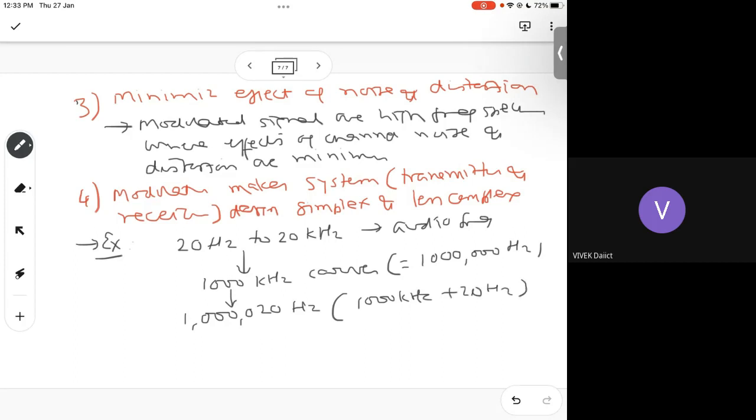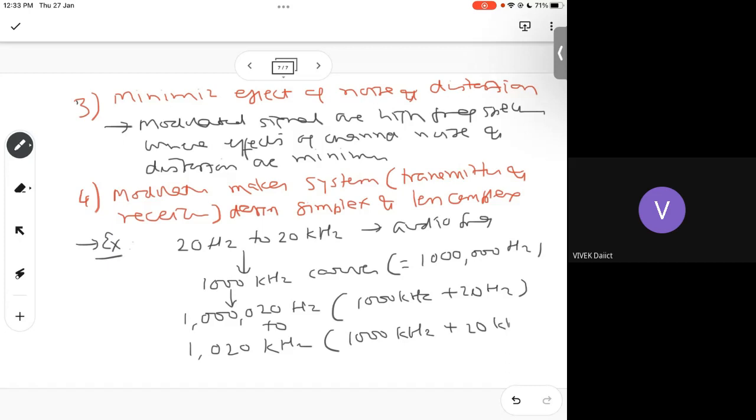Let's say if I take the 20 hertz signal, and this goes up to 1020 kilohertz, which we'll discuss later on.